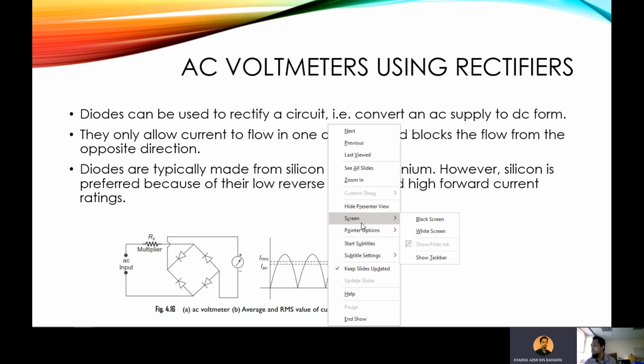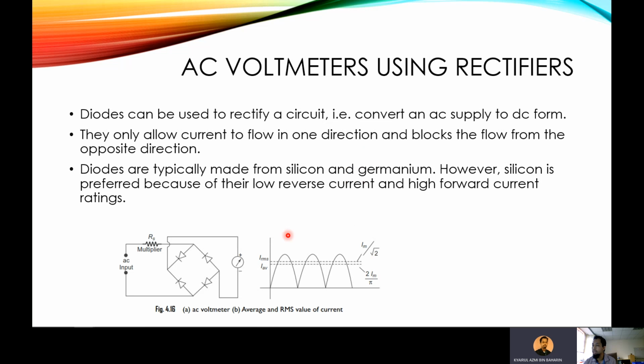Now, the figure shown here is actually a full bridge circuit that consists of 4 diodes connected in this configuration. But we will go first for half wave before we go towards full wave. And when I'm talking about diodes, we are talking about this component here.